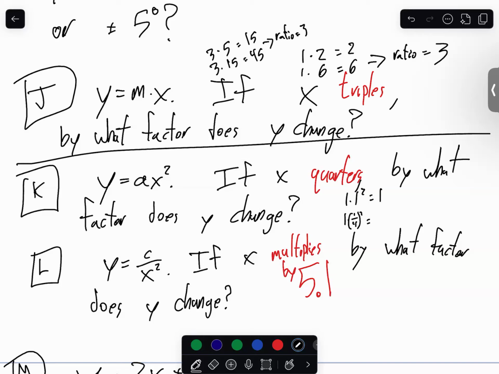What's 1/4 squared? I'm picking the easiest possible numbers. Oh, hey, look. 1 turns into 1/16. What's my ratio? Not 16. If the ratio is 16, the output is 16 times larger than it was. 1/16 is the correct answer.